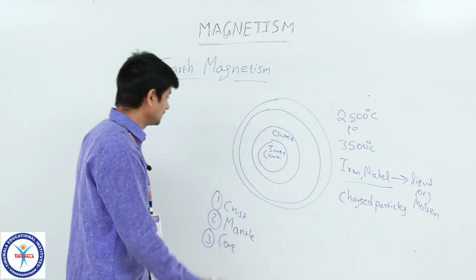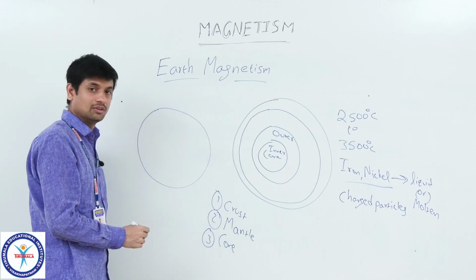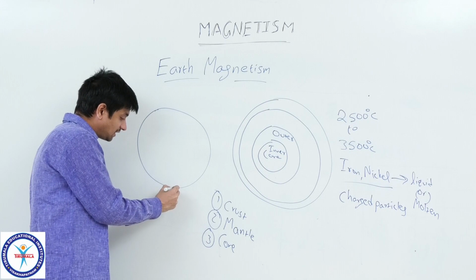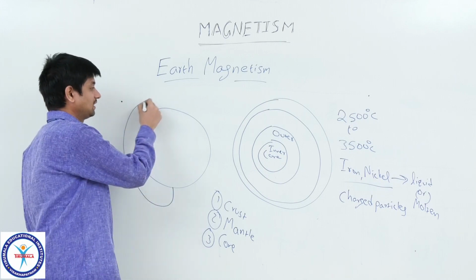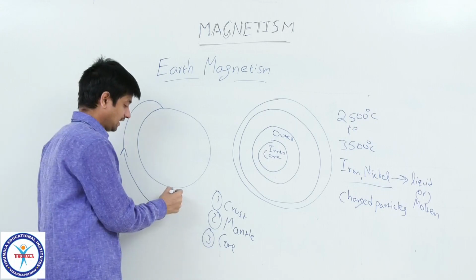So what happens? For the planet Earth, you will have a magnetic effect that will be generated at the bottom of the Earth and reaches the upper part of the Earth like this.